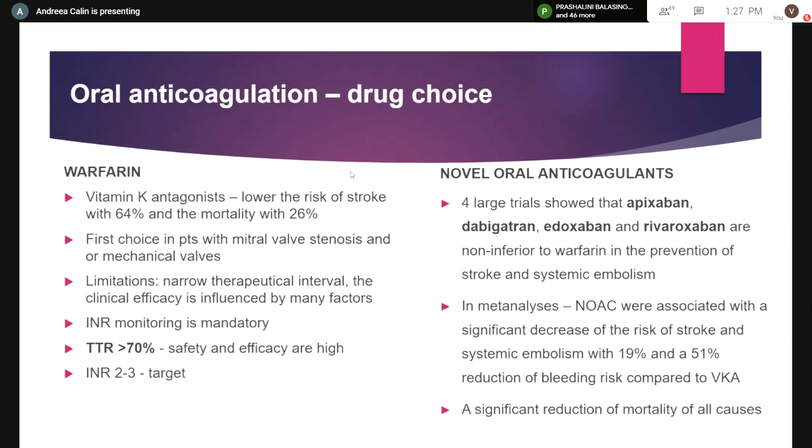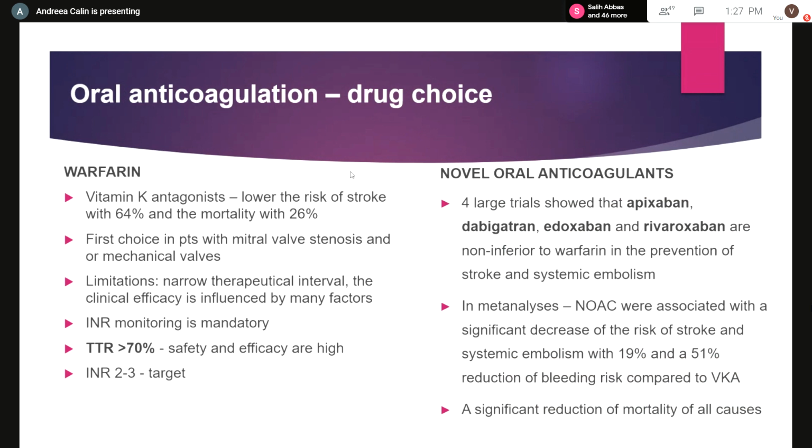The drug choice is between two categories. First, warfarin. These are vitamin K antagonists that lower the risk of stroke and the mortality risk, and that have been given for decades. They are the first choice in patients with mitral valve stenosis and mechanical valves, because we cannot give novel anticoagulants in these patients.